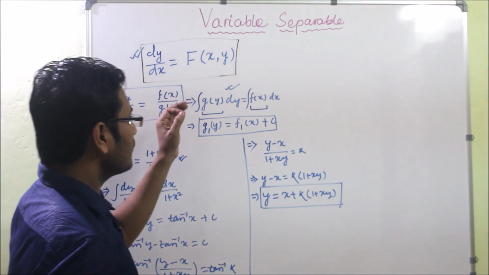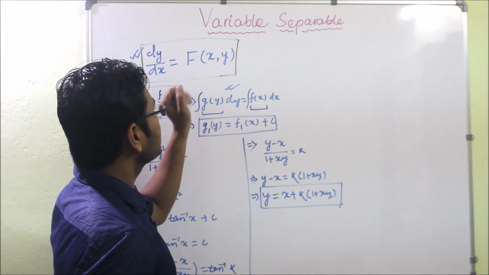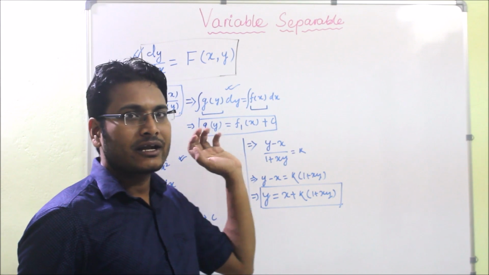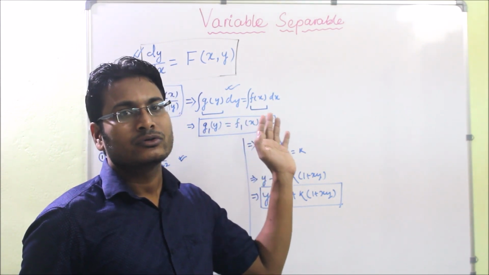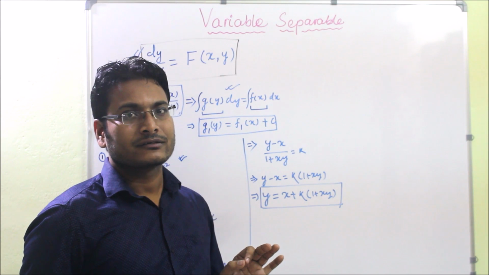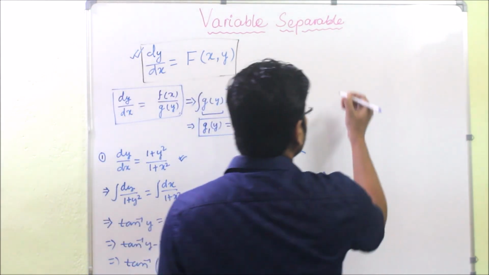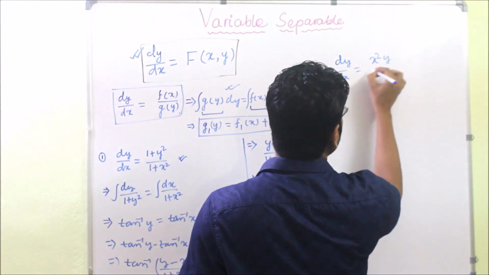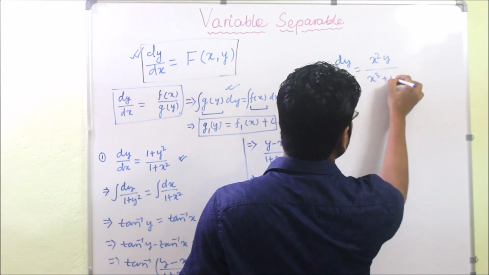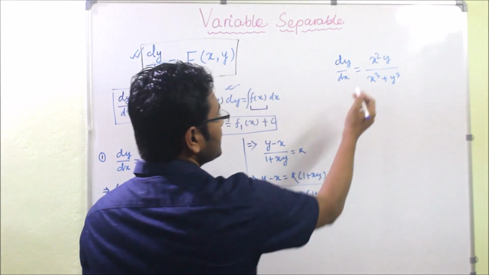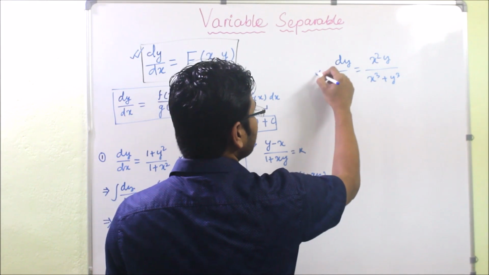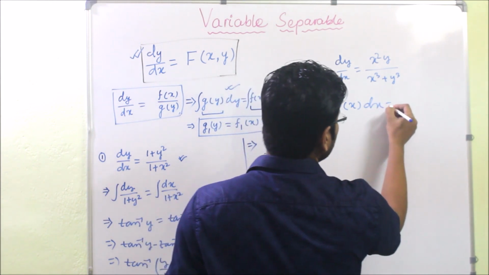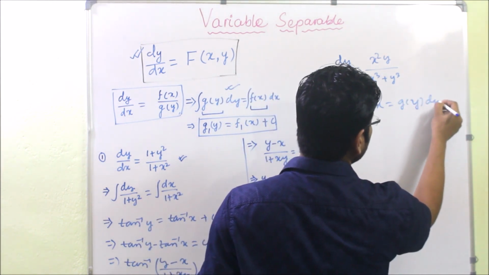Now, as I told you, this is a very basic method to solve ordinary differential equations. That means we cannot apply this method to solve all ordinary differential equations. For example, if I take dy by dx equal to x square y divided by x cube plus y cube, then it is very difficult to write this in the form f of x dx equal to g of y dy.